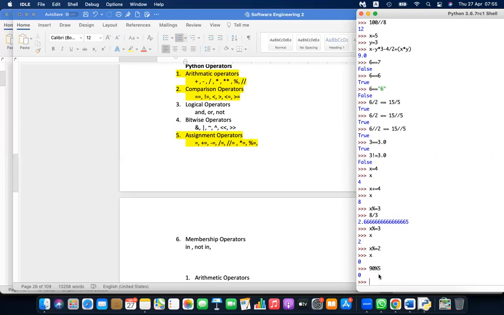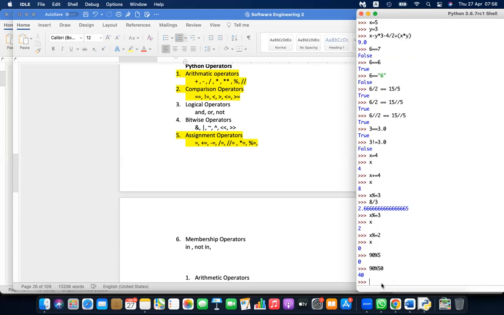X-axis divisible. 90 modulus by 50. I mean 1, sorry. 40. I'm not asking the answer. I'm asking the remainder. Remainder is 40. Correct. Still confusing, or do you understand this?